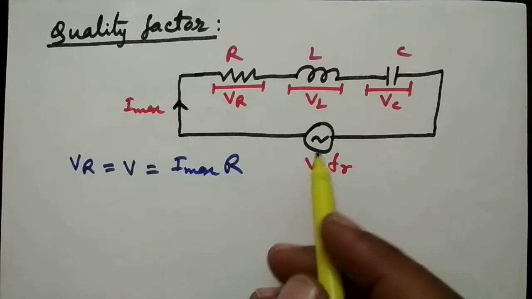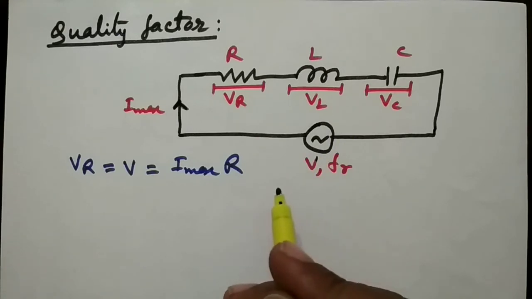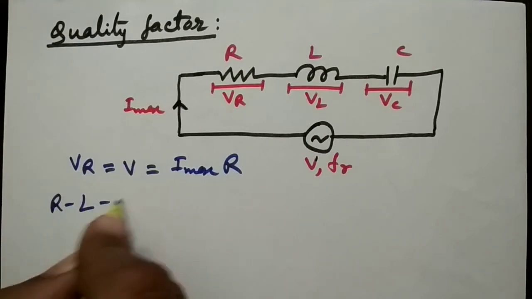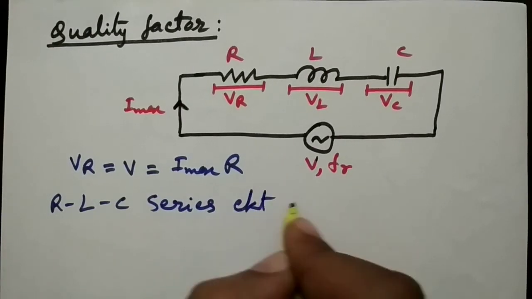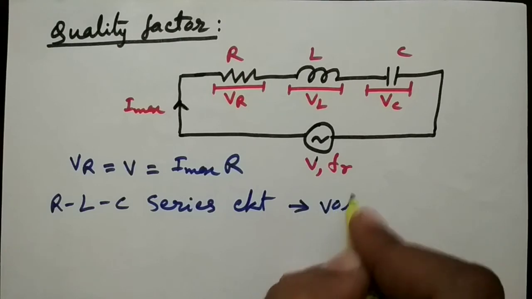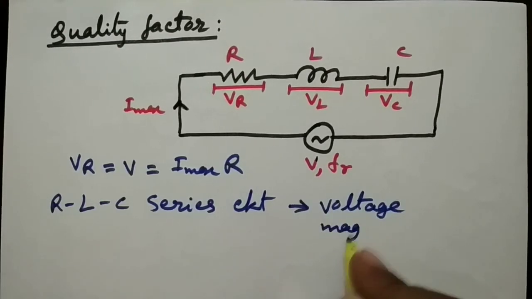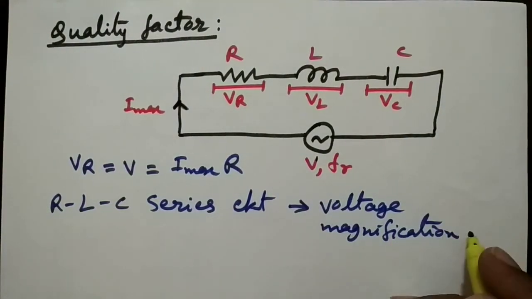Therefore, here the voltage is magnified. That's why the series RLC circuit is also called the voltage magnification circuit.